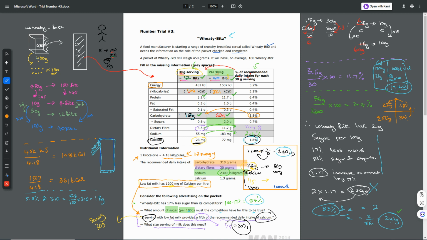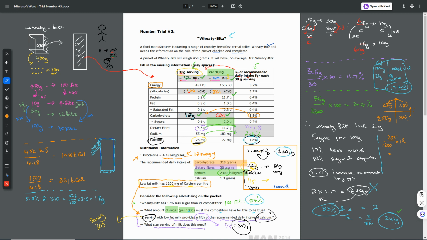So 20% represents 255 milligrams. Then 255 divided by 1,200 times 1 liter. And that's what we're looking for.